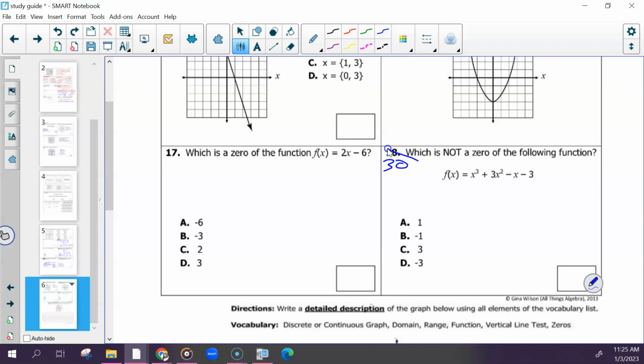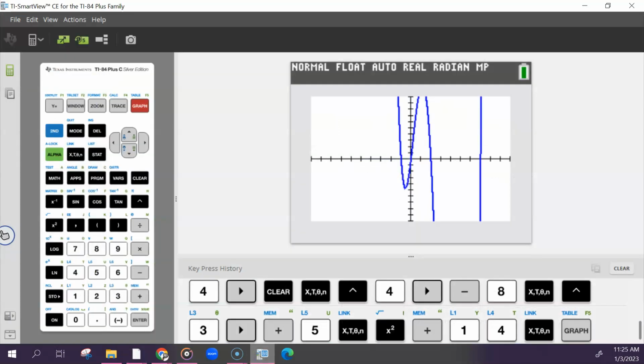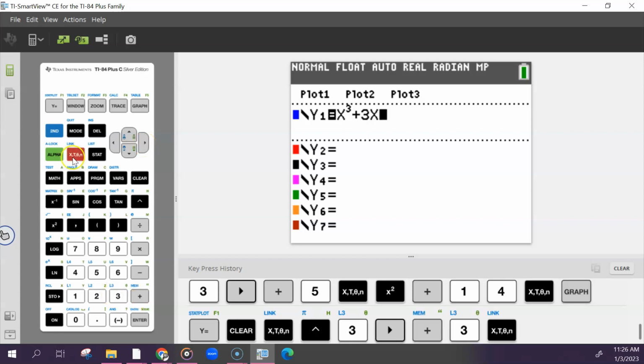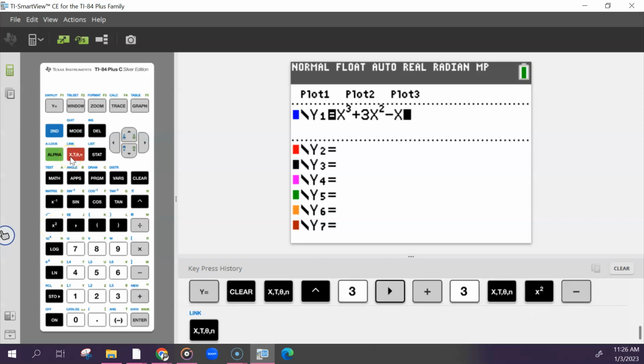So you would just look at it and see which one isn't up here. So in your calculator, you would put in that whole equation. In y equals, clear it out. X to the third plus 3x squared minus x minus 3. Graph it.